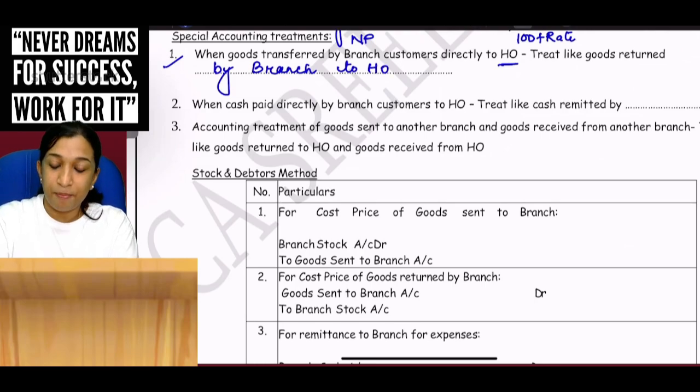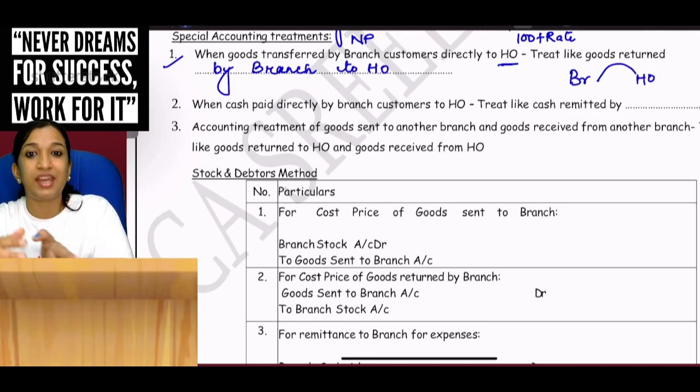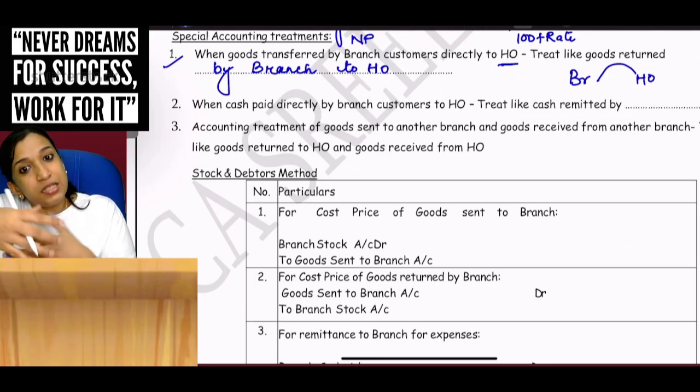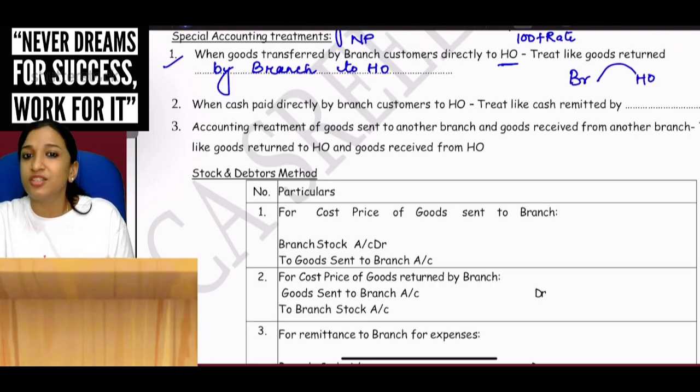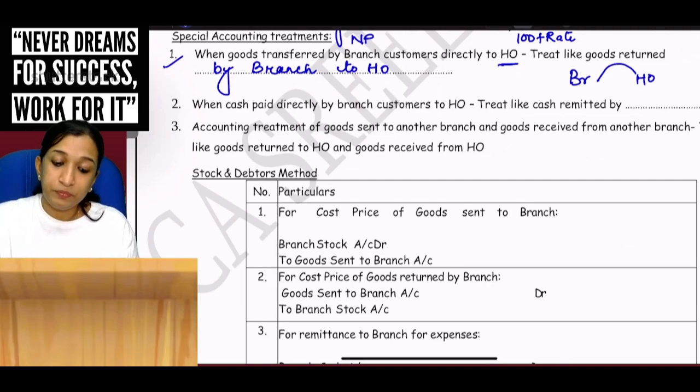Instead of branch transferring goods to head office, branch customer transfers to head office, it is as good as branch transfer to head office. Then when cash is paid directly by branch customers to HO, same, treat like cash remitted by branch.